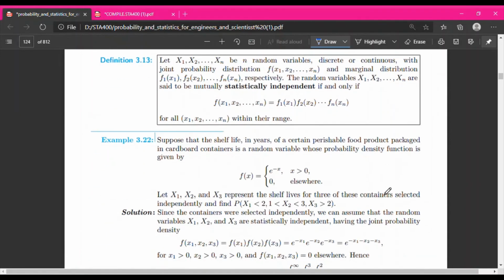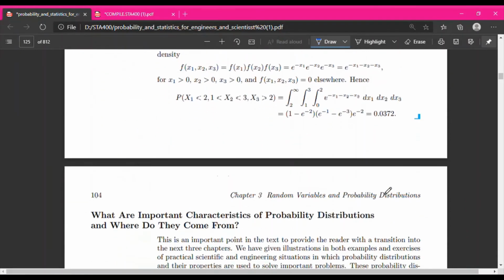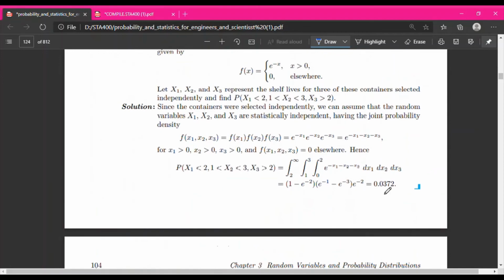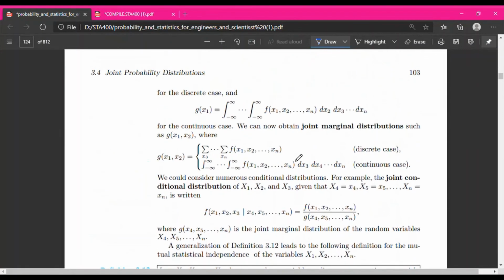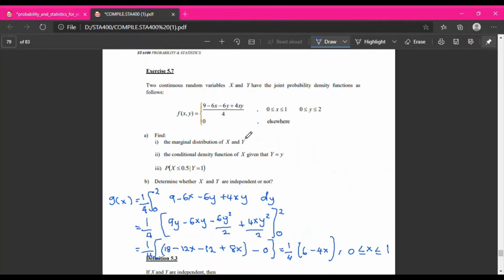Is there an example for continuous? So let's see this example. Here it asks to determine whether x and y are independent or not. Same thing, we use the same concept.